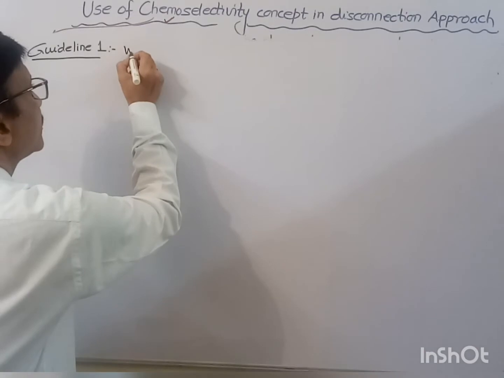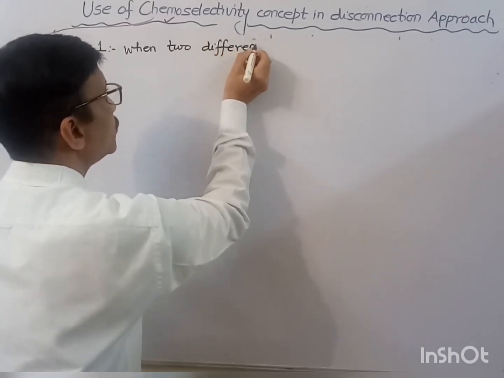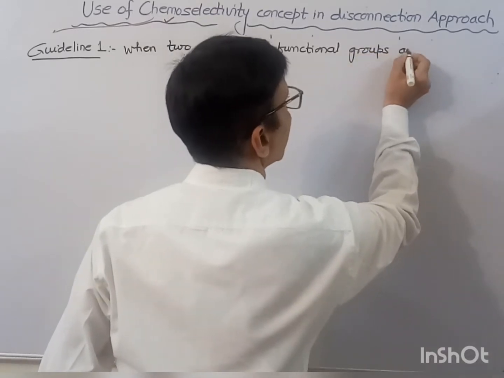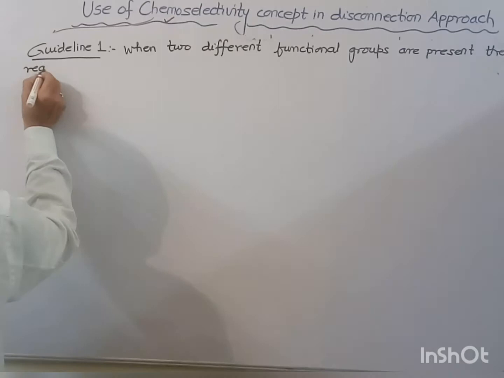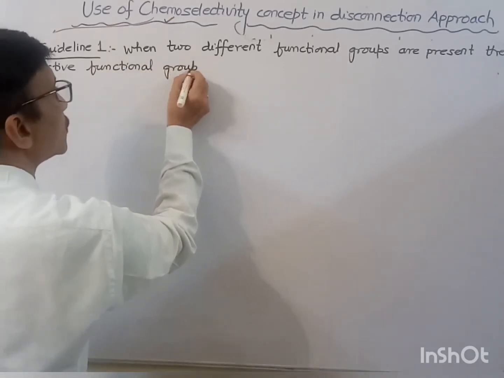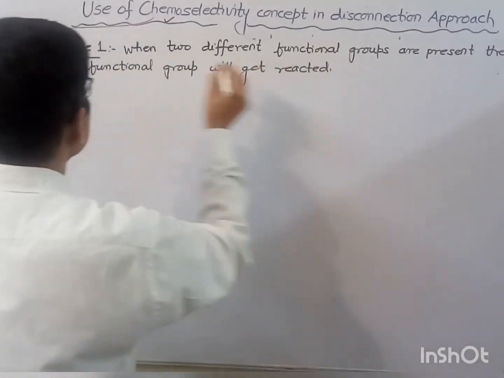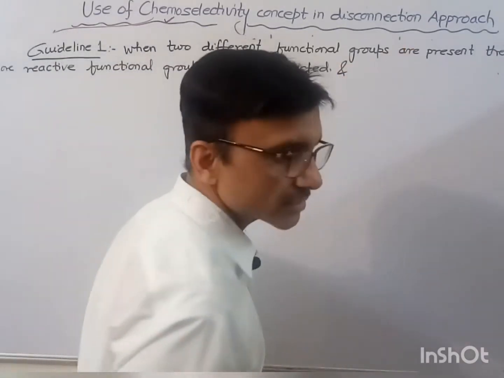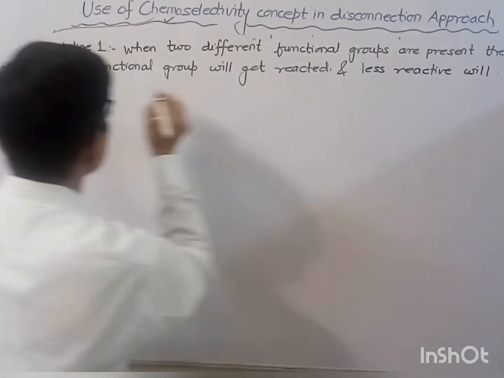So when two different functional groups, not identical, are present, then the more reactive functional group will get reacted and the less reactive will remain as such.